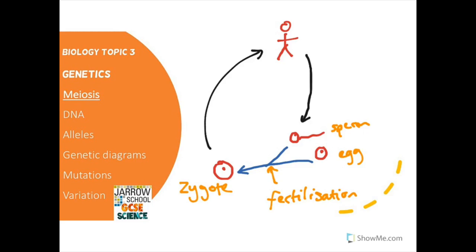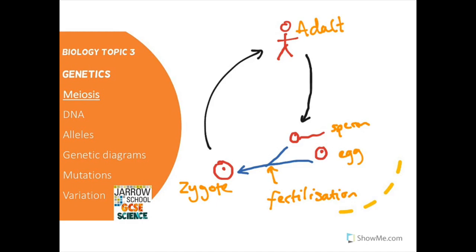The zygote splits into 2 cells, then into 4, 8, 16, 32, and so on, until we become a baby, then a small child, a child, an adult, and that's the life cycle of human beings and most other animals. We're then going to put on extra information that you need to know for GCSE science.